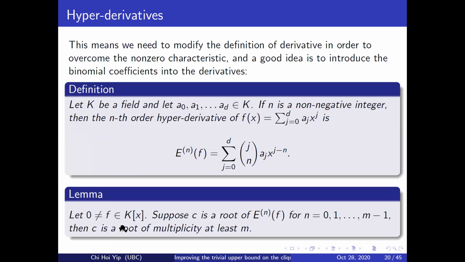That is, if c is a root of these hyperderivatives for n equals 0, 1 up to m minus 1, then c is a root of multiplicity at least m. Note that in this lemma, we don't need to worry about the characteristic of k, because these binomial coefficients help us to avoid the characteristic issue.